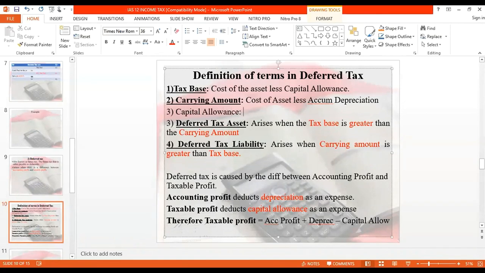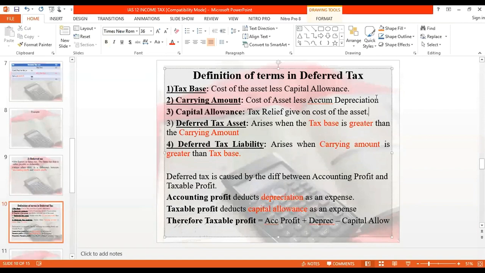Capital allowance is the relief given on cost of the asset. What do you mean by that? When you buy an asset, you've spent an amount, and the government may give you a tax relief. So it is a tax relief given on the cost of the asset.